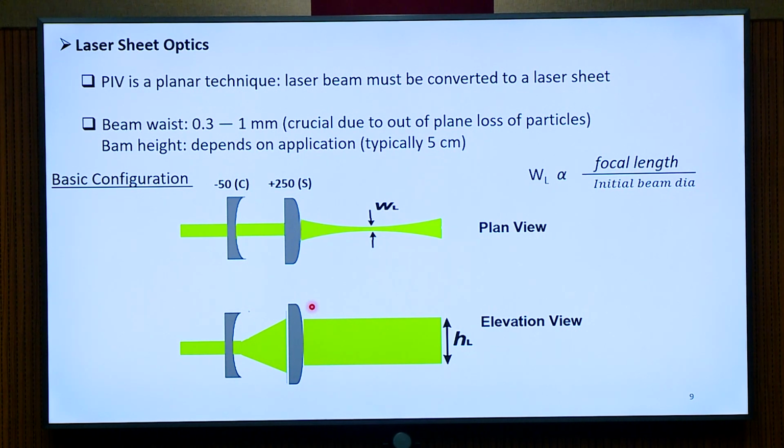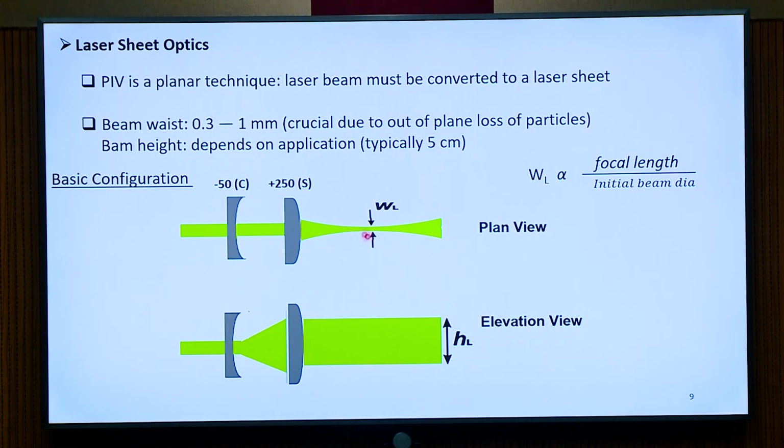And we want this thickness to be as minimum as possible. Why? Otherwise, we will image particles within a large volume, so we would be averaging in the depth direction. Also, this way we can increase the laser intensity. So that is why we use laser sheet optics.